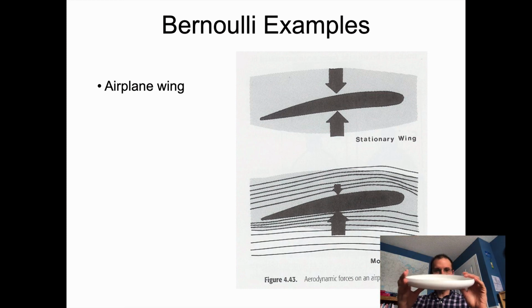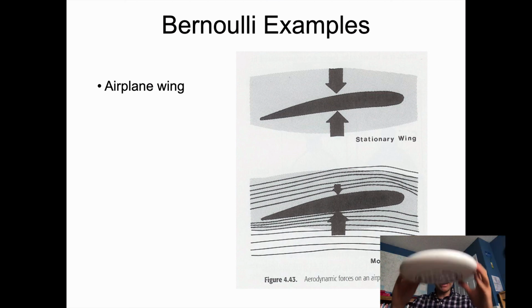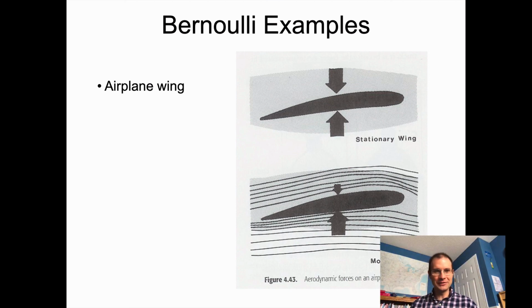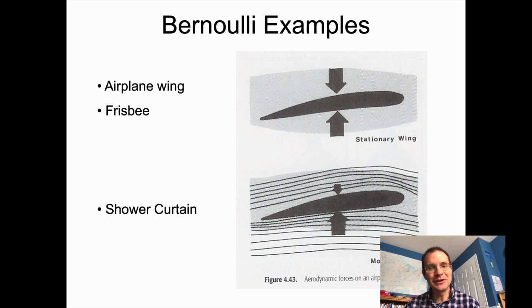Maybe you have a sense that if you've ever thrown a frisbee upside down, it doesn't work as well as when you throw it right side up. There's a bit of a tendency for it to be unstable and maybe get sucked down more towards the ground when you throw it upside down. It just doesn't work as well unless you really practice with it. Okay, so that's a frisbee. It works according to the Bernoulli effect.